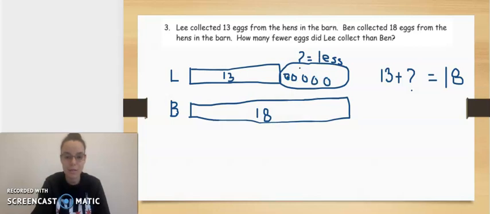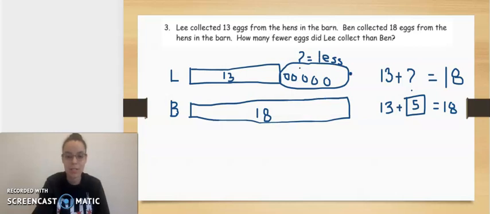Now let me see how many I drew. Oh, my missing number is 5. Don't forget to put that box around the number that's missing.